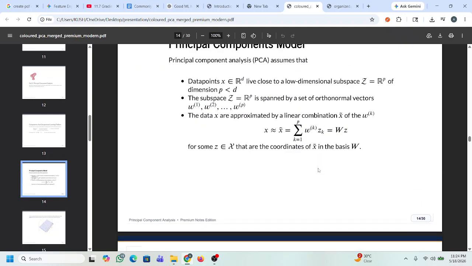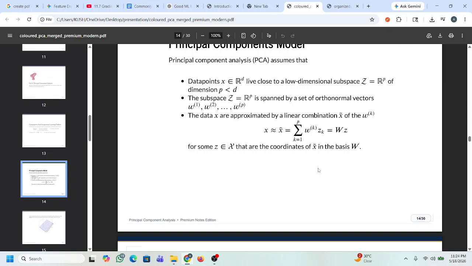This is the second point. The subspace Z equal to R^P is spanned by a set of orthonormal vectors W1, W2 up to Wp, and the data X are approximated by a linear combination of them.